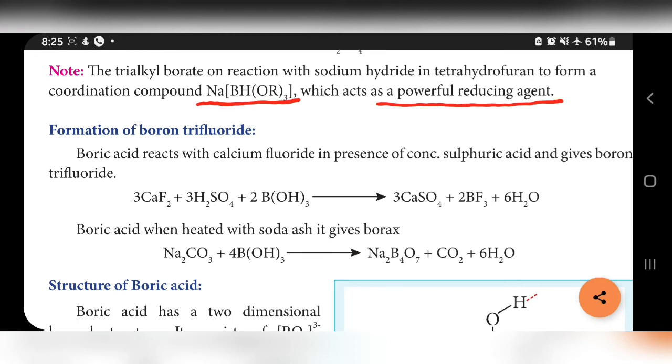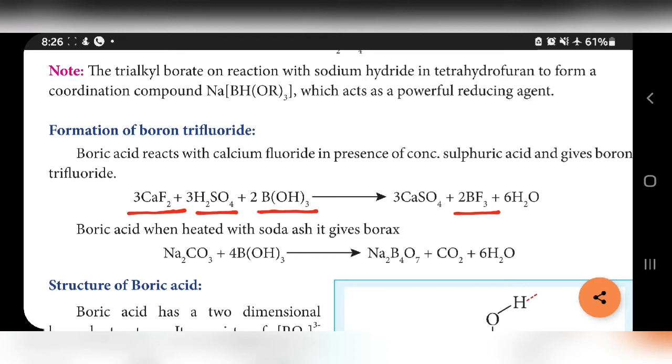Next one, formation of boron trifluoride. Boric acid reacts with calcium fluoride, CaF2, in presence of concentrated sulfuric acid and gives boron trifluoride.